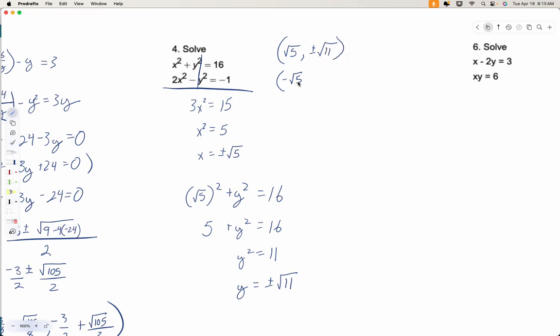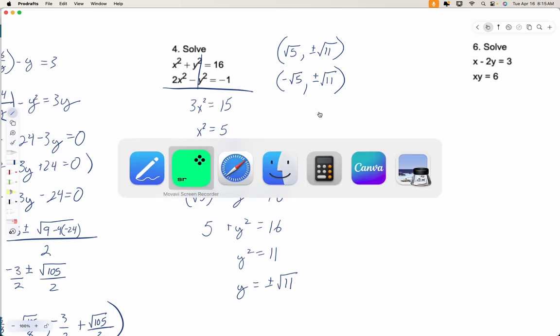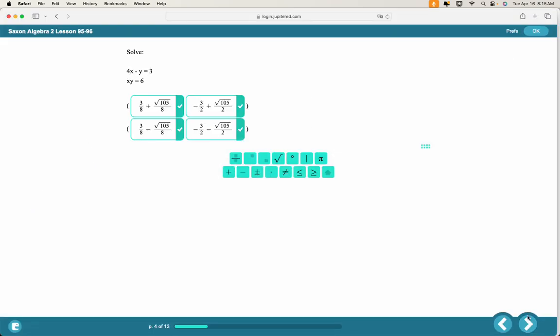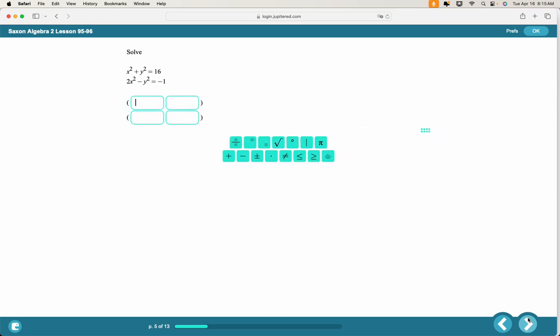And then this is going to be the same thing because if this is a negative square root of 5, it's still the same 5, right? So the answer is the same thing. We don't have to solve it again. Those should be your two answers. And I'm fine with you answering it like this because it doesn't change. The main thing is to look at the solution set. You've got two solution sets here.